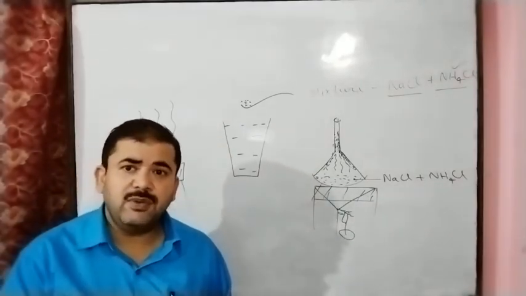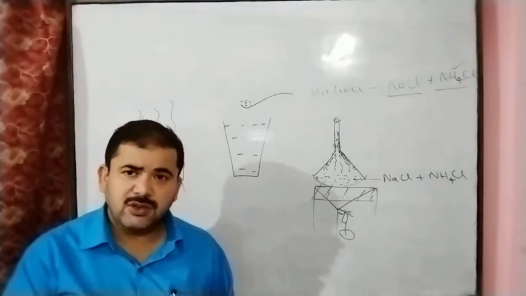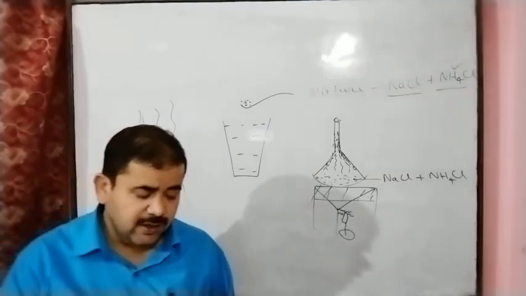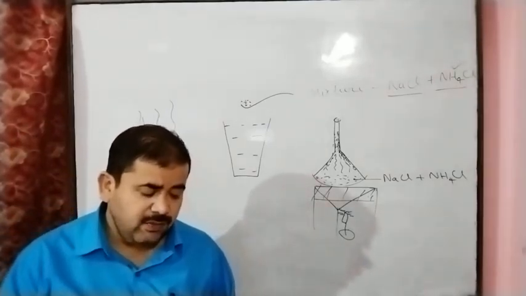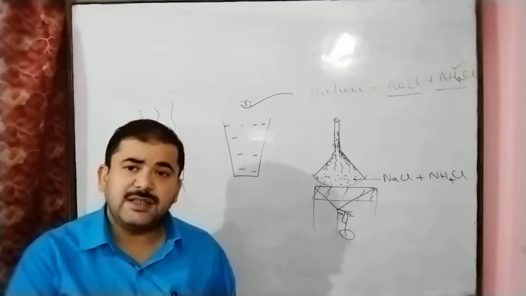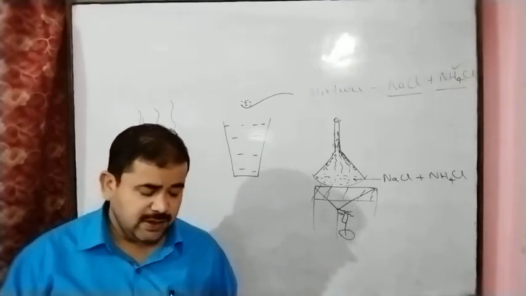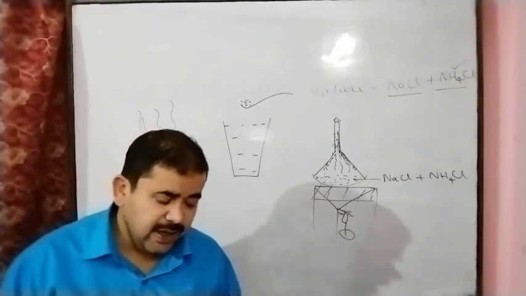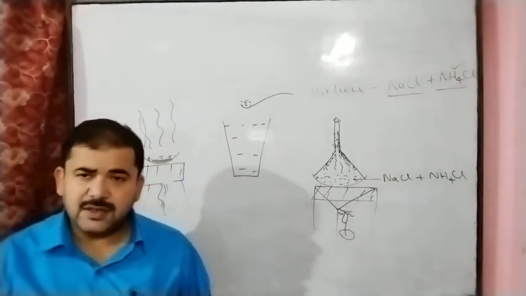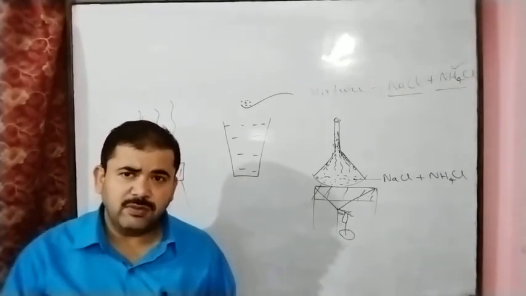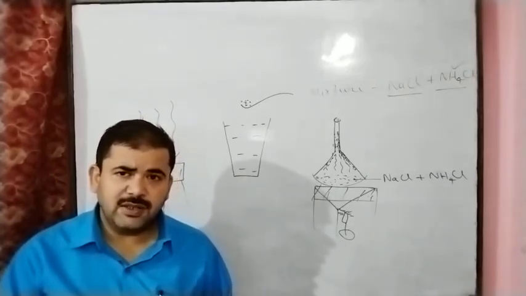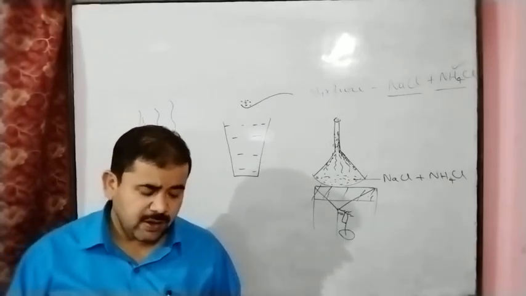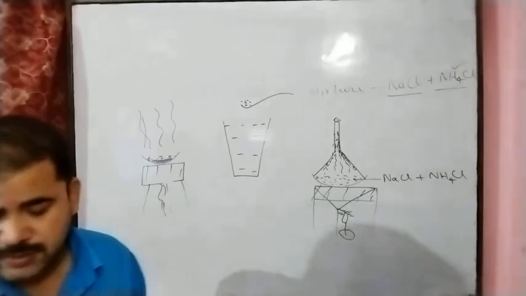Here a solid-liquid mixture means one solid and the second liquid. For this we use the methods of sedimentation and decantation. The principle is that in a solid-liquid mixture, the insoluble heavy solid material settles down at the bottom of the liquid in the container due to gravity.